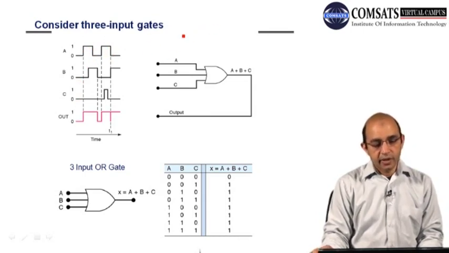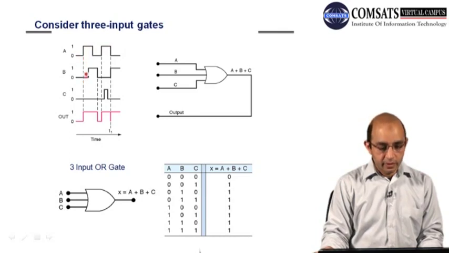So this is 0 and this is 1, right? Here we have 1, and the output will be high.